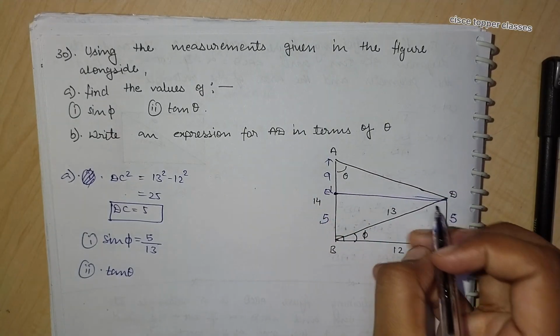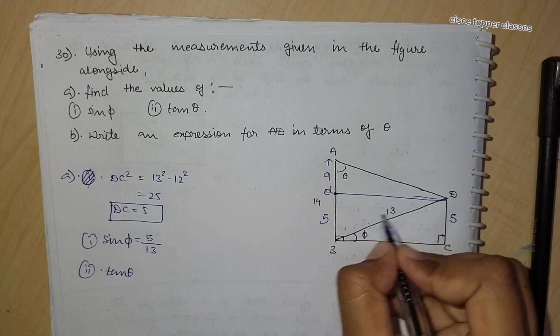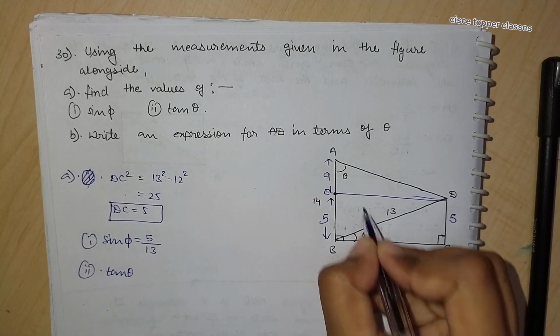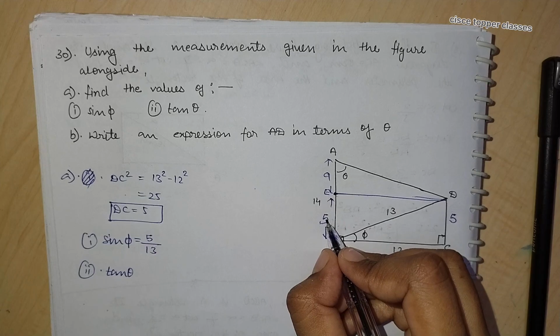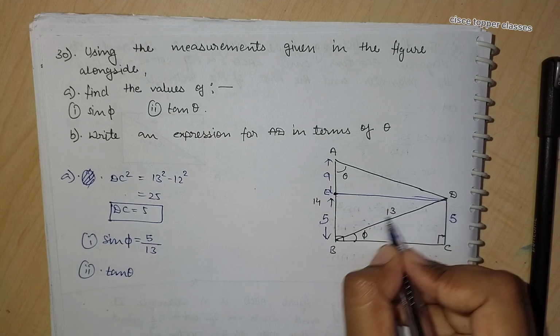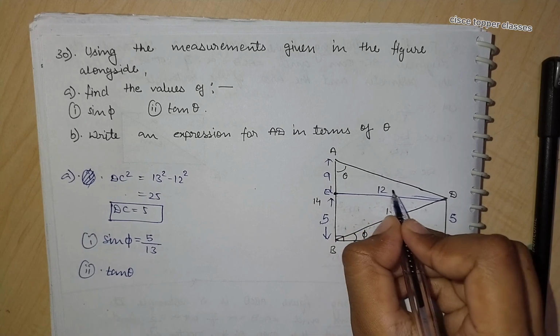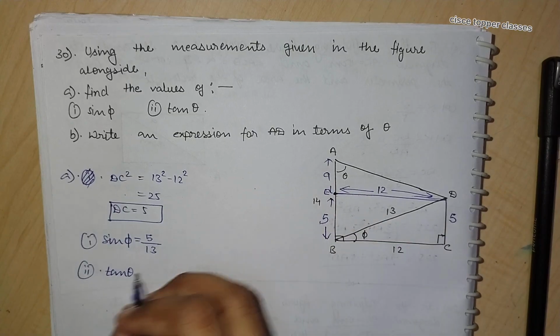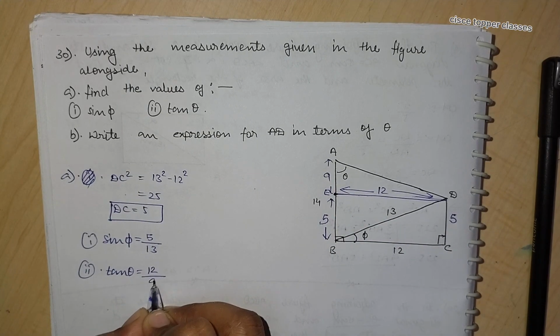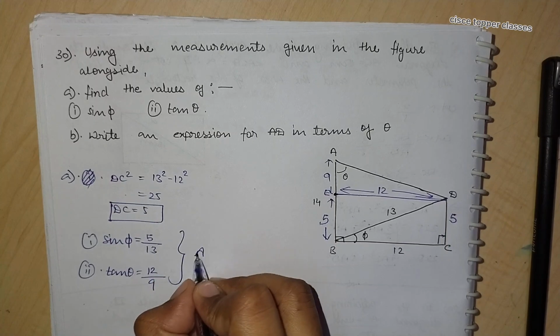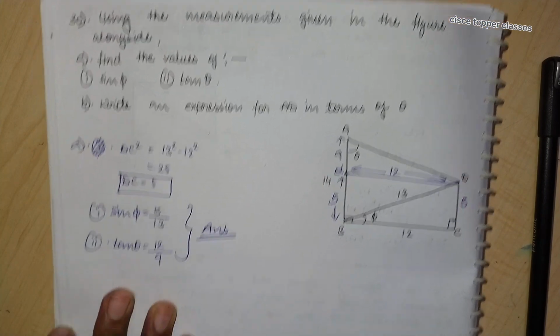So this will be 9 here. And if you want to find the value of this DE, this will be hypotenuse minus base. So this will be 169 minus 25, which will be 12. So this DE is 12 here. From that we can write tan theta as perpendicular by base. So this will be 12 by 9. So this is the final answer of the first part of 30 question.